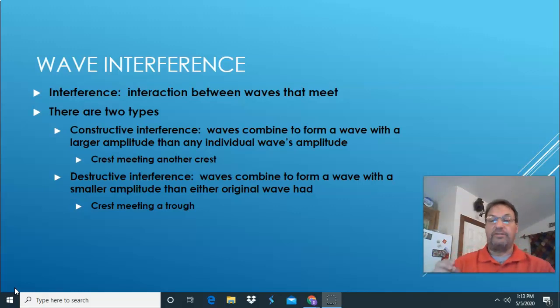So remember, when two crests meet, they are going to be built up higher. They are going to be constructed, or constructive interference. Whereas if the crest meets a trough, it's going to knock the crest down, and so it's going to be destroyed. In essence, it's going to be destructive interference.